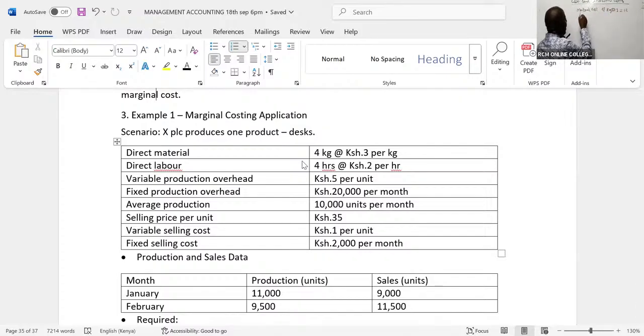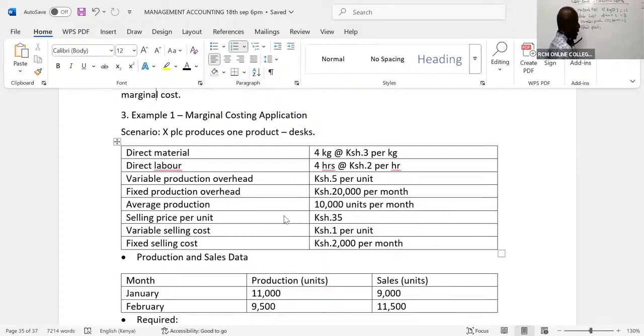Then labor cost, 4 hours times 2, which gave us 8. Then the variable production overhead per unit, which gave us 5.